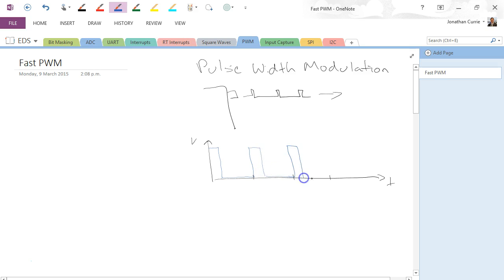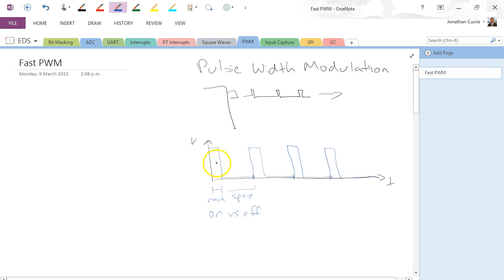Now remember, when we generate a square wave, the amount of time that the pulse is high versus the amount of time that the pulse is low was equal. Whereas in PWM, what we're actually interested in doing is modifying what is known as the mark-space ratio. So this would be the mark, and this would be known as the space. Well, basically the amount of time that it is on versus the pulse is off.